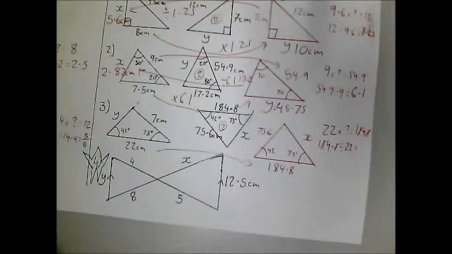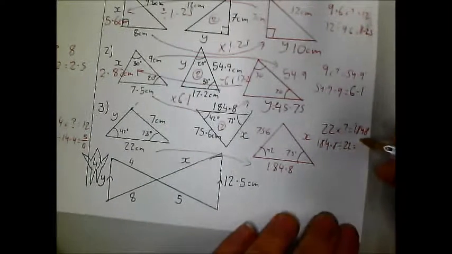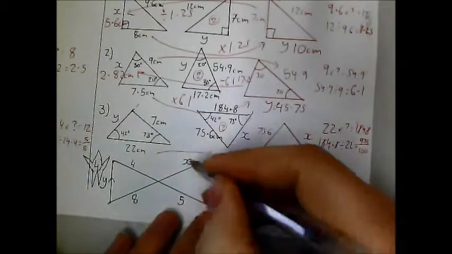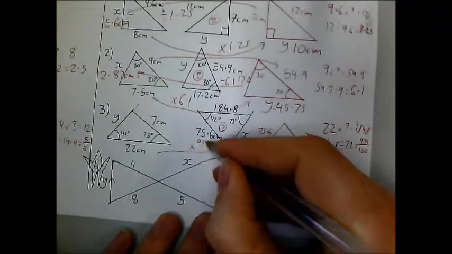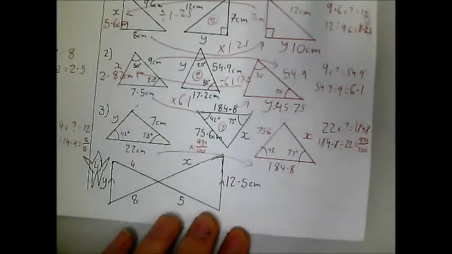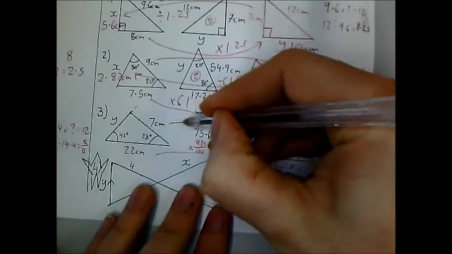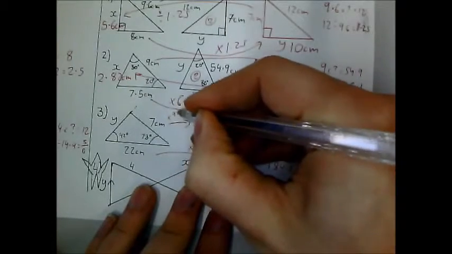Okay, I'm going to leave that as a fraction, so 939 over 100. So I need to multiply by 939 over 100 to go from left to right. So to work out x, it's going to be 7 times by 939 over 100.